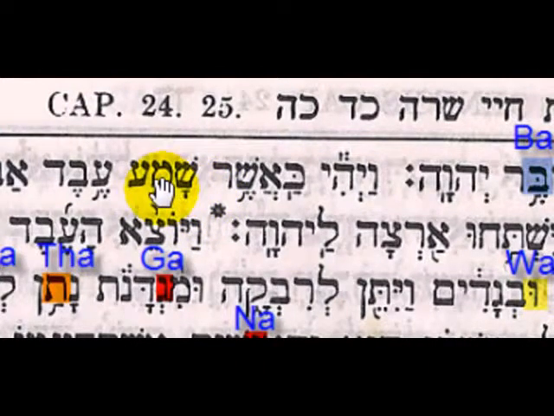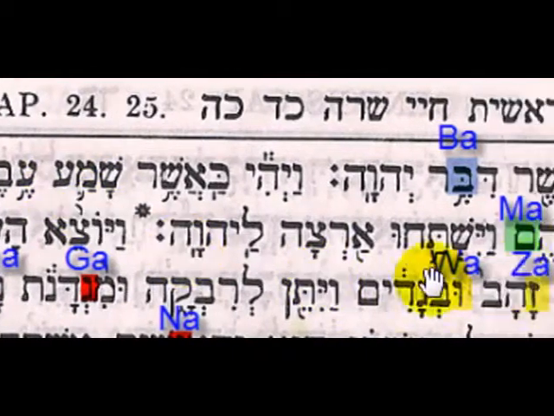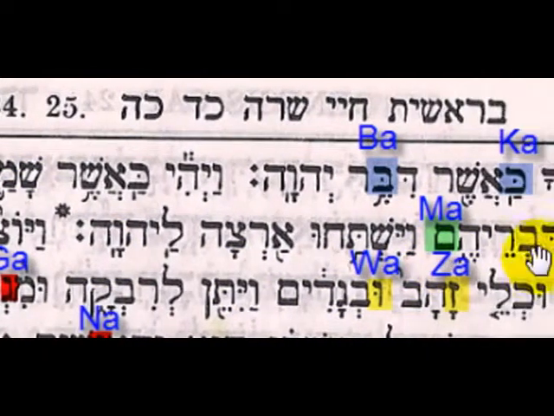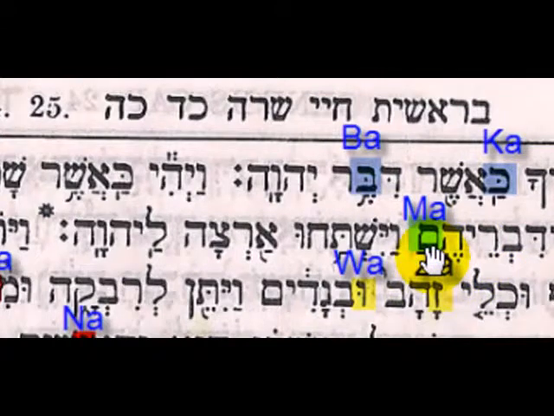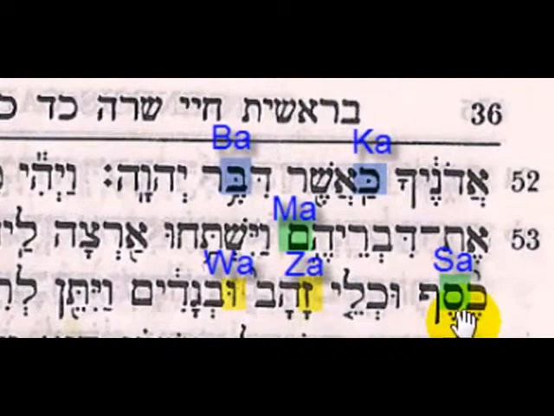But if you have the Ma at the end of a word, as you do here in Bar Yahum, that is a final Ma. And then this is a Sa, in Kasap. They look similar, but one is square on the bottom and the other is rounded on the bottom. That's the difference between the Ma and the Sa.